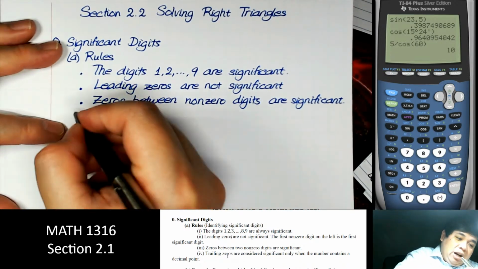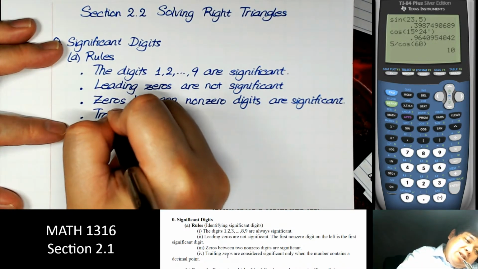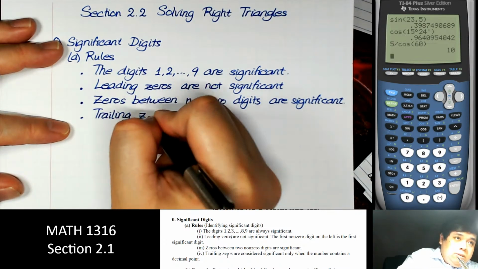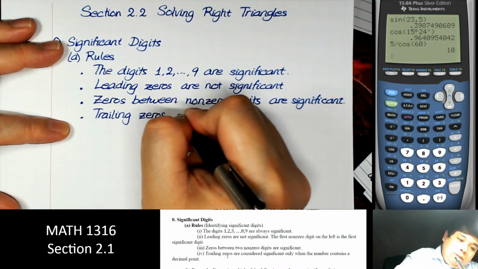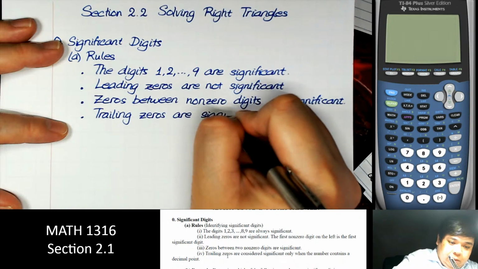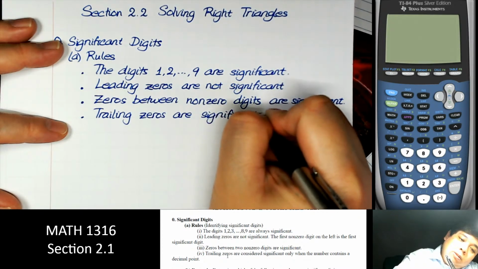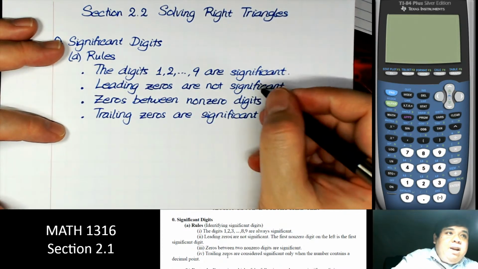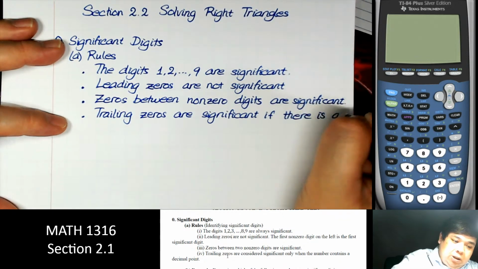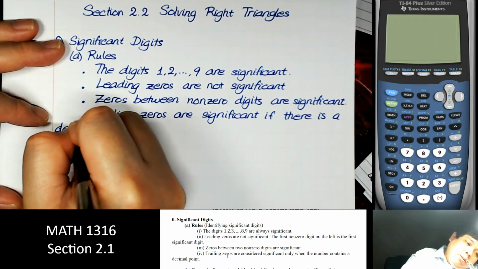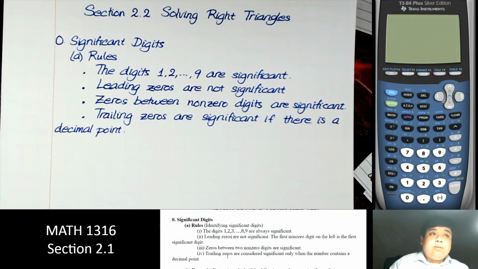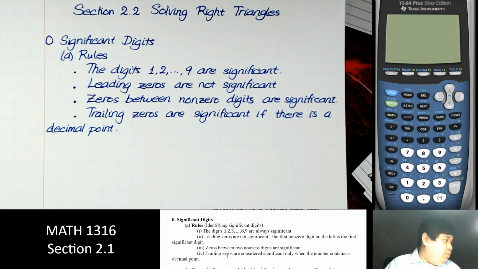And the trailing zeros are usually not, except if there is a decimal point. Right, just write out a bunch of rules here.